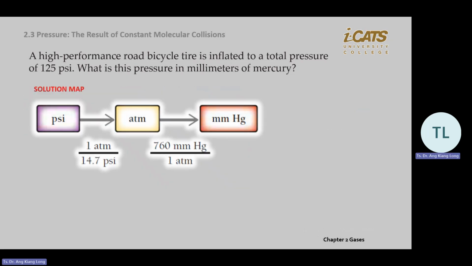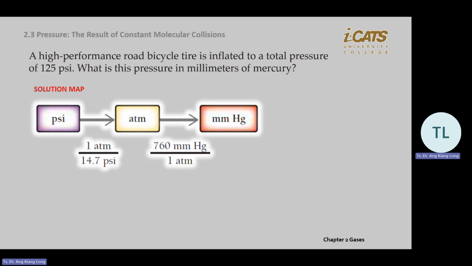So for the solution map, you need to convert psi to ATM, then from ATM to mmHg. So you need to write the equations: 1 ATM equal to 14.7 psi, and another general equation, 1 ATM equal to 760 mmHg. There are two equations.